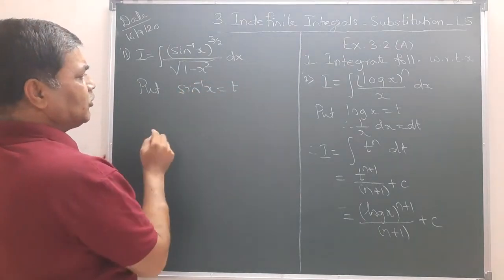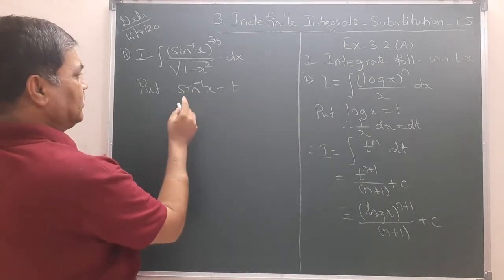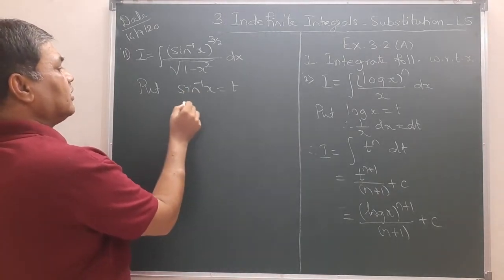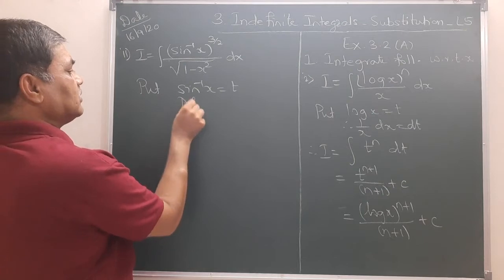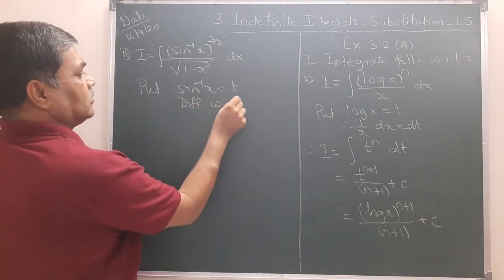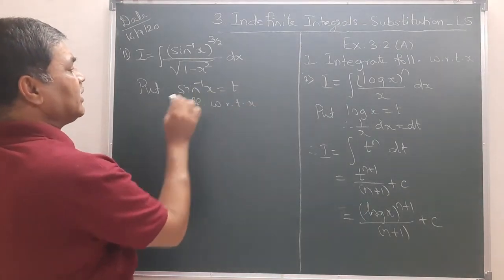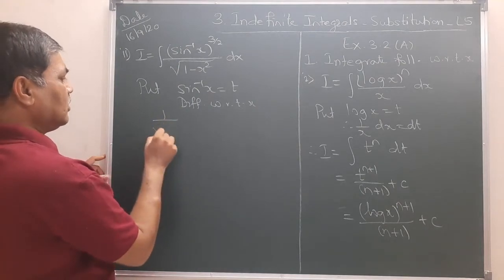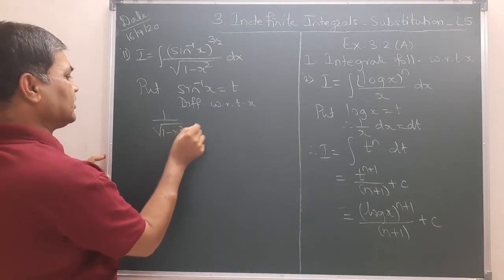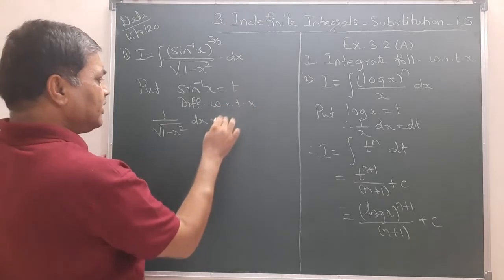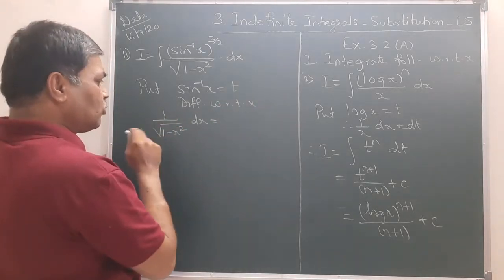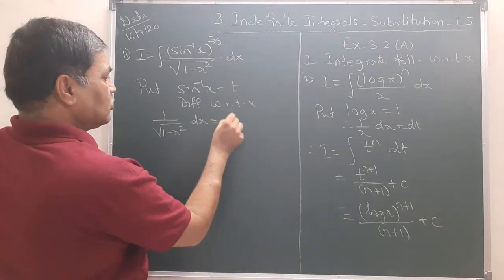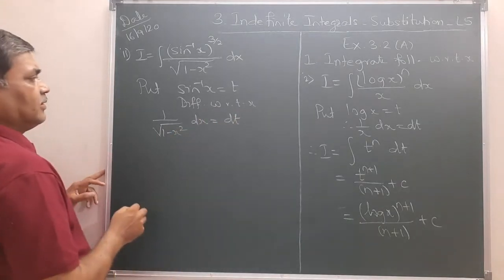Differentiating with respect to x, dt by dx is equal to 1 upon under root 1 minus x square, which gives dt.